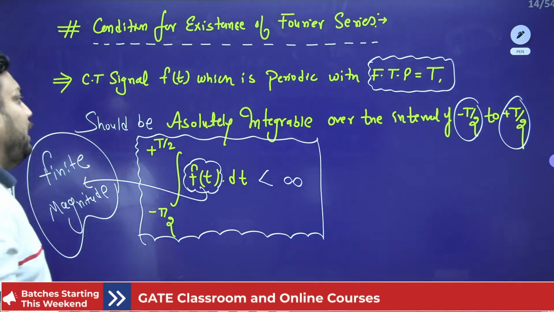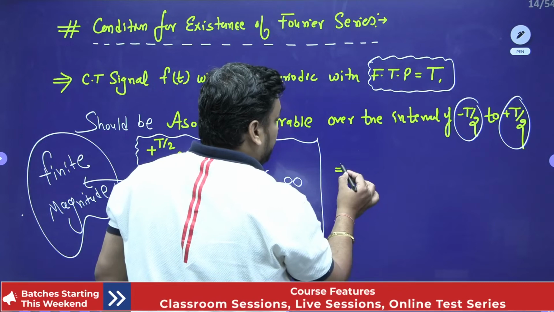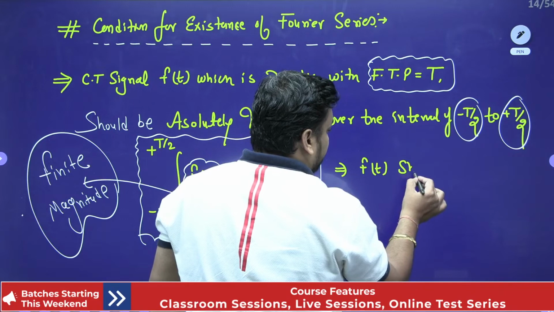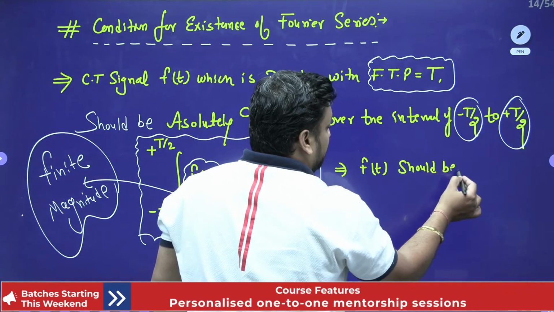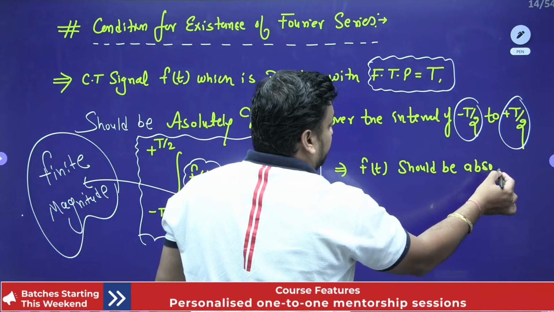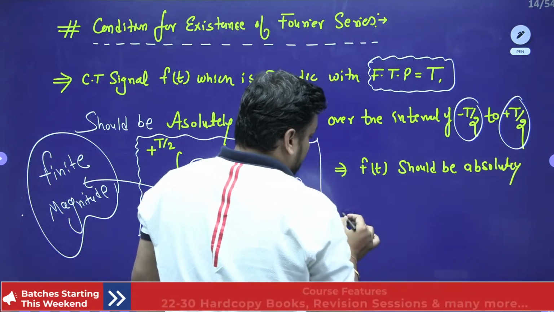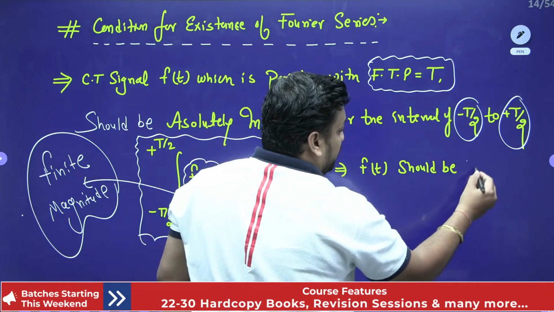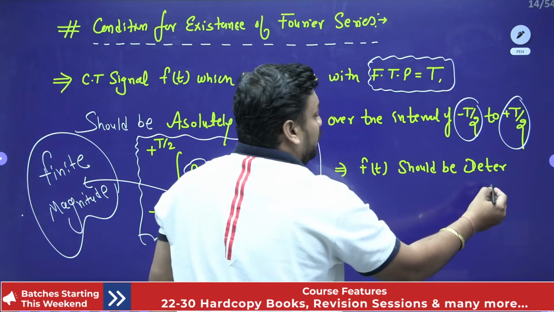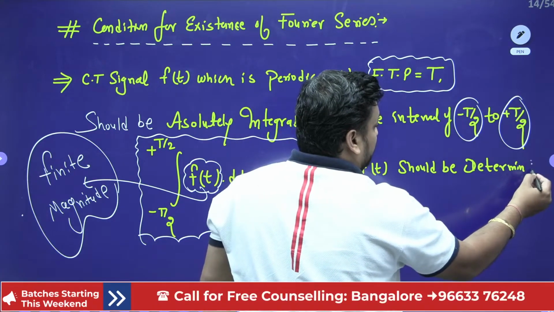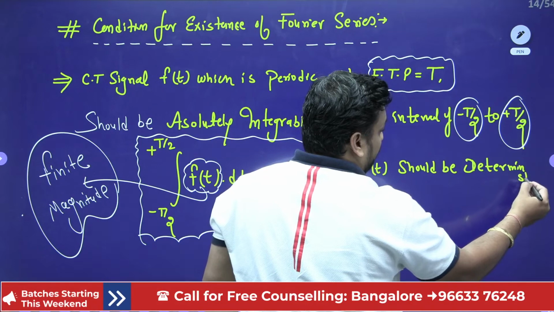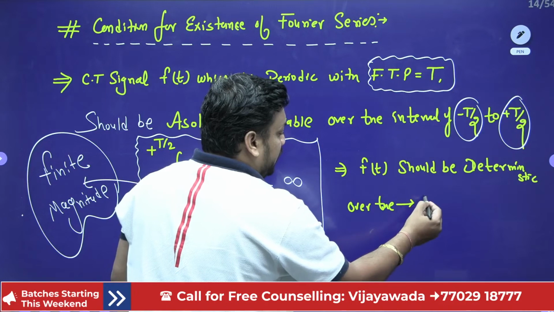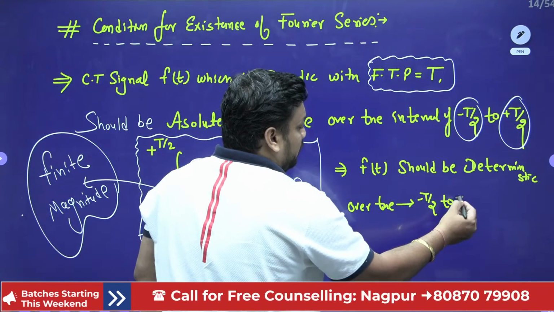The next condition is the signal f(t) should be deterministic over the interval of minus T by 2 to plus T by 2.